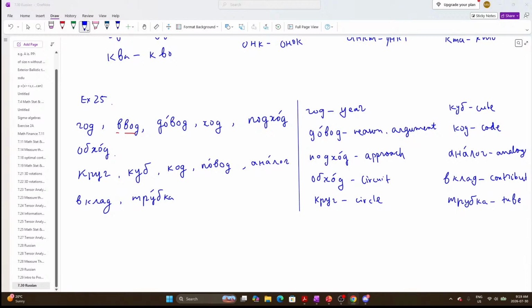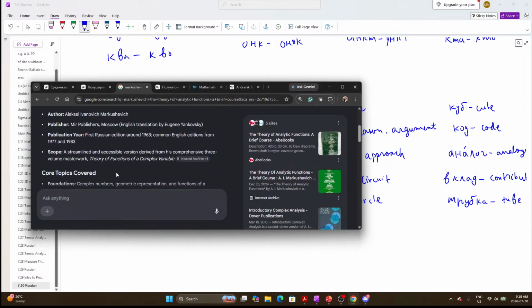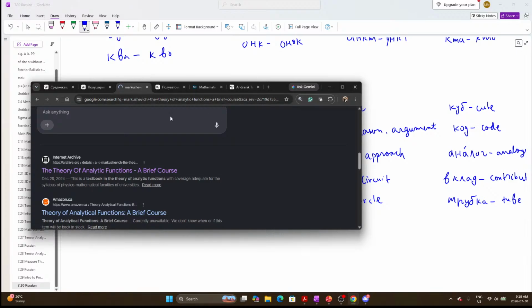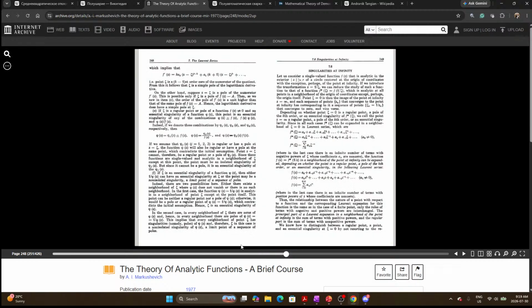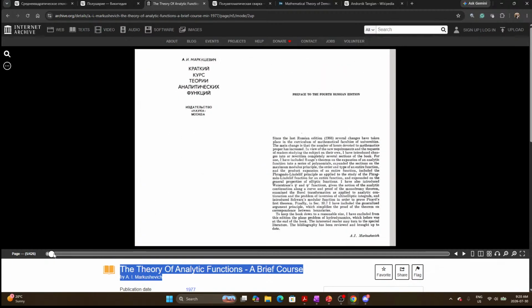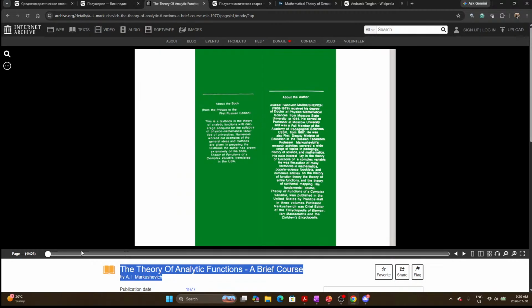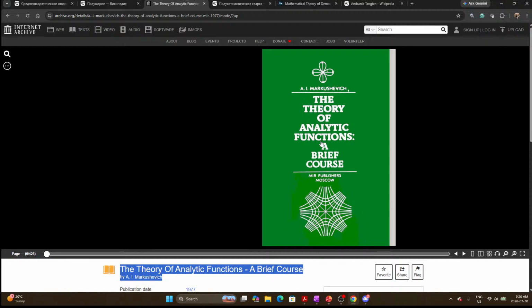I think it is worth checking. As far as I know, Markushevich's text is like the standard in the Soviet Union and Eastern European or just Soviet influenced institutions. This one is a more condensed version, Theory of Analytic Functions, a brief course, by Mir publisher, Moscow.